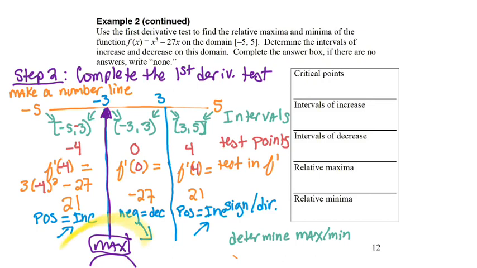Even though I've already used that middle arrow, I'm going to go ahead and focus on the change from positive 3 on the left to positive 3 on the right. And so again, I'm focused that my graph went from downhill to uphill, giving me a U shape, which is a minimum. So positive 3 is a relative minimum.